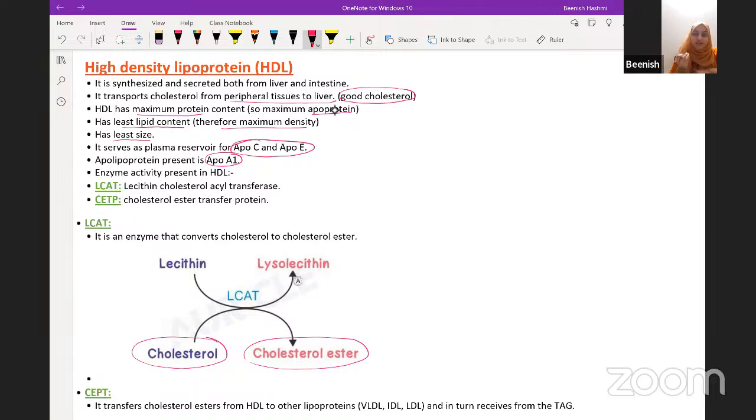This fatty acid is given by lecithin. So the fatty acid of lecithin is given to cholesterol, and it forms cholesterol ester. And this lecithin, after it gives its fatty acid, is known as lysolecithin.